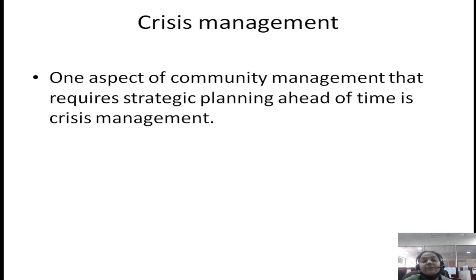The same thing, not the same concept, but somehow it is relevant, that is crisis management. What is the importance of crisis management? It is one aspect of community management that requires strategic planning, so that if any kind of crisis comes, my system should be able to understand it, adapt to it, and survive it. That is the most important thing that you have to calculate.